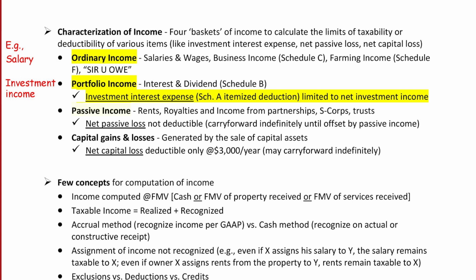Next, highlight passive income. For example, write rental income. And the limitation here is, highlight, that net passive loss is not deductible. May be carried forward indefinitely until offset by passive income.